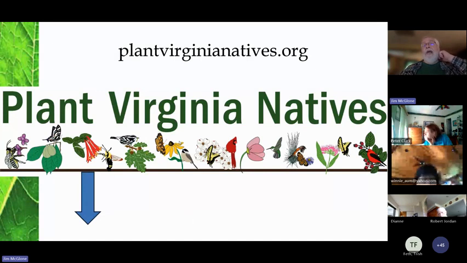Another place that can support this is plantvirginianatives.org. If you go to their website, this is their banner. You can see all these little pictures along here. These are all logos for various regional plant campaigns. This is probably the best one. This is the bumblebee moth on our native coral honeysuckle.